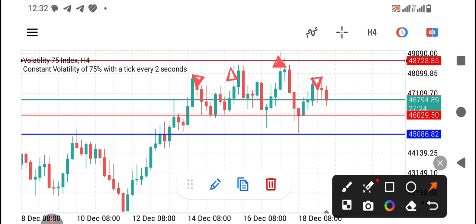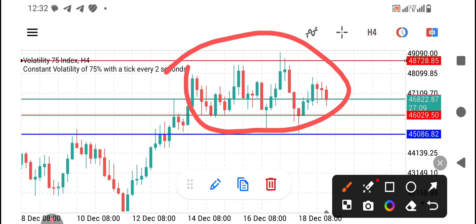Although we're looking at it as just consolidating, the market can break down, or we can see a box at the top.